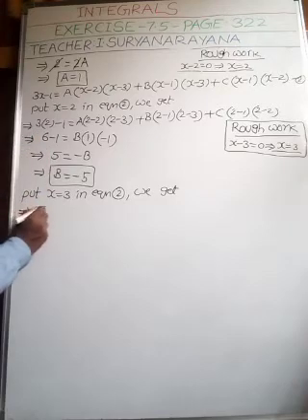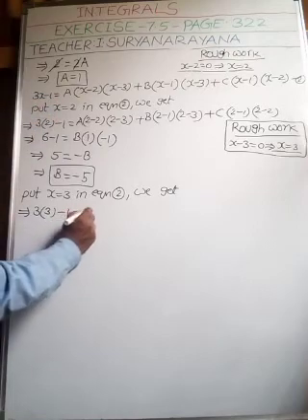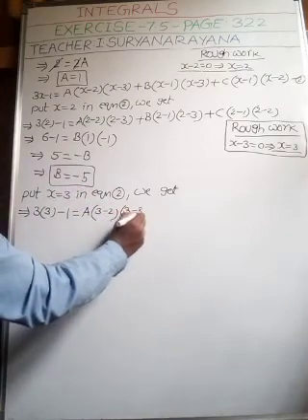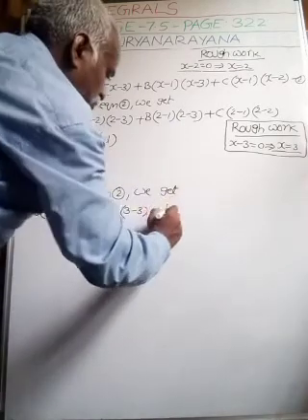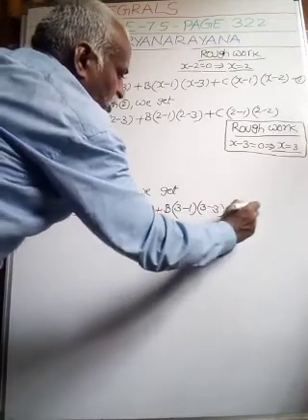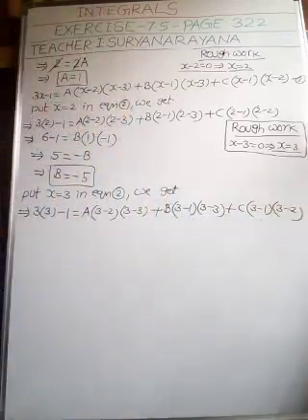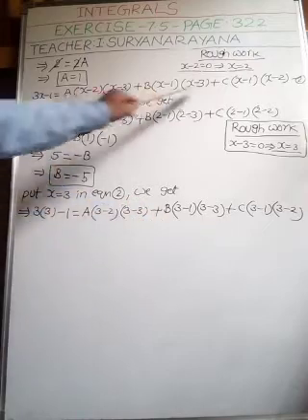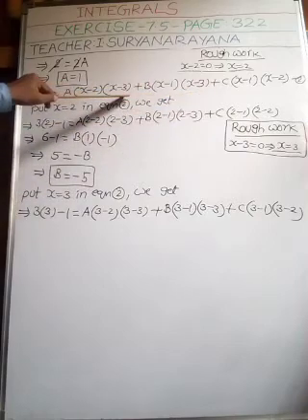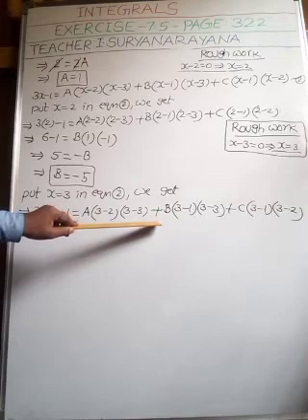This implies 3 into (3 minus 1) is equal to a into (3 minus 2) into (3 minus 3) plus b into (3 minus 1) into (3 minus 3) plus c into (3 minus 1) into (3 minus 2). Understood this step, my children? In this equation 2, I substituted x is equal to 3. Then we got this step. Understood this step, my children?